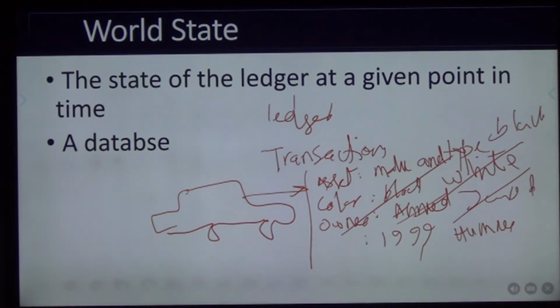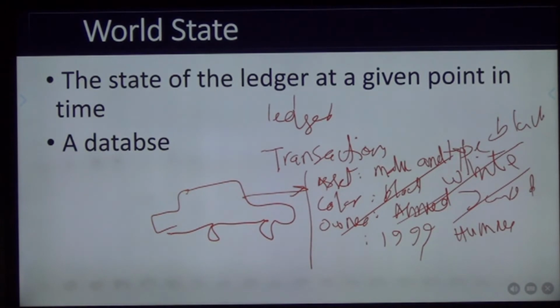Let's say the last time the color of this asset changed was in 2000, then there are so many other transactions, and just finding it, definitely you can find out, but you have to do a very detailed search to find that this is the most updated status of this asset. So we are recording transactions, but we will have a world state which will have the most updated status of all attributes of all assets.